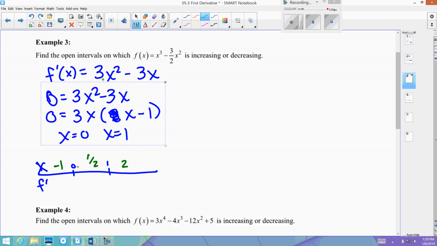Plug it back into the derivative function. If you plug in -1, you'll get a negative times a negative, which ends up being positive. If you plug in 1/2, you get a positive times a negative, which is a negative. And if you do 2, you get a positive and a positive, which gives us positive.